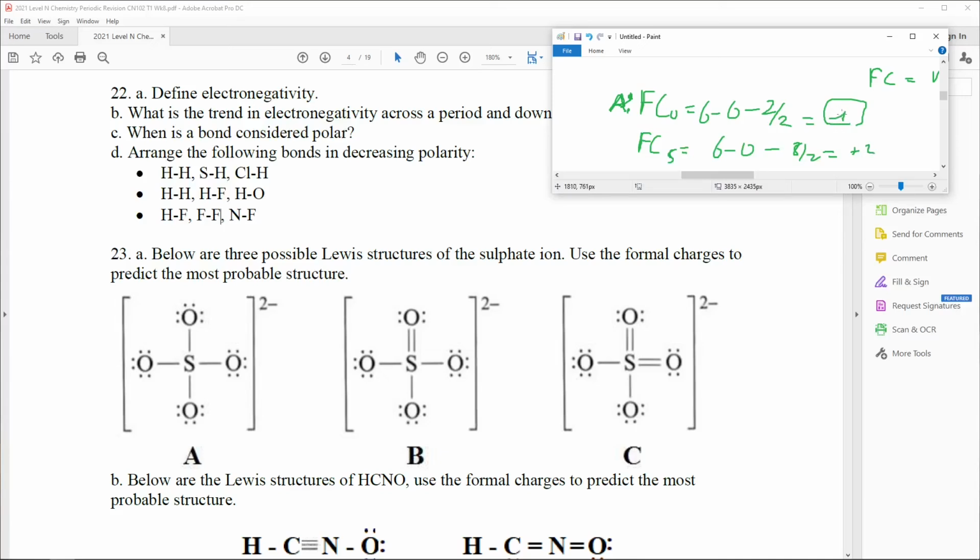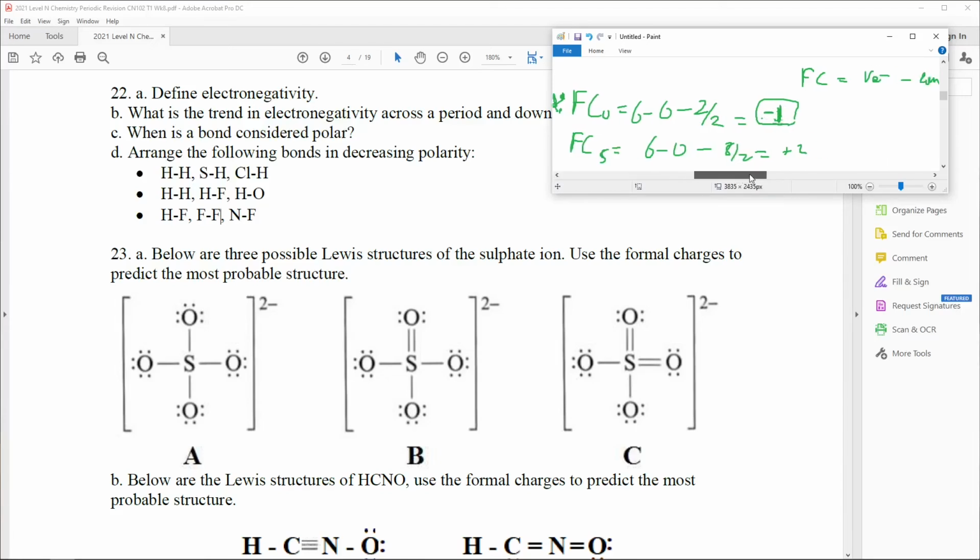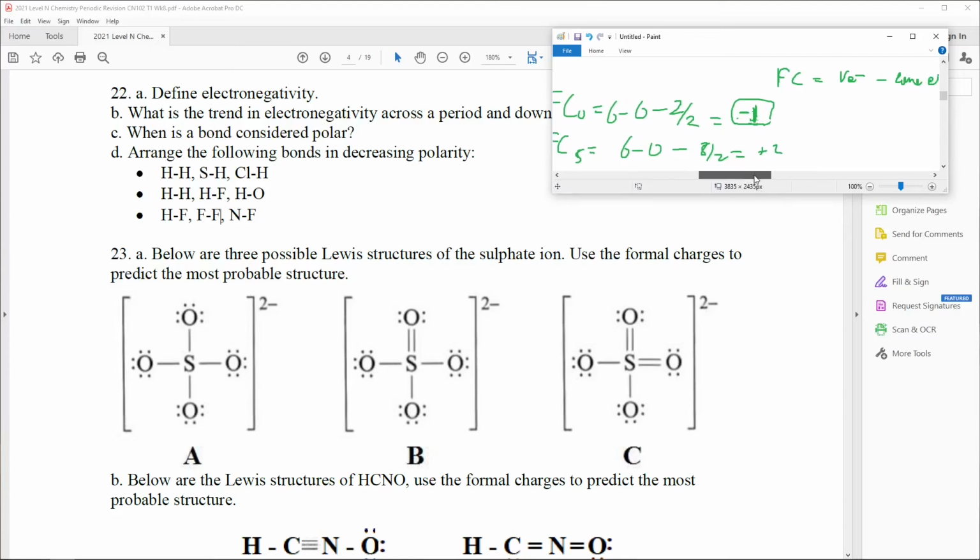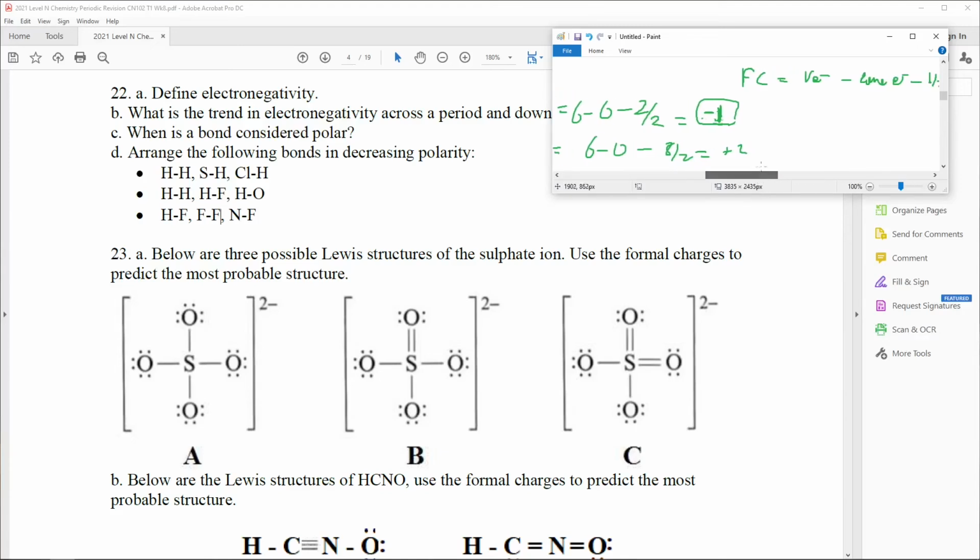So here we have a minus 1, and here we have a plus 2. The total charge, if you want to double check your calculations, would be this times 4, because you have 4 of those oxygens, so you'll have minus 4, and you have here plus 2.